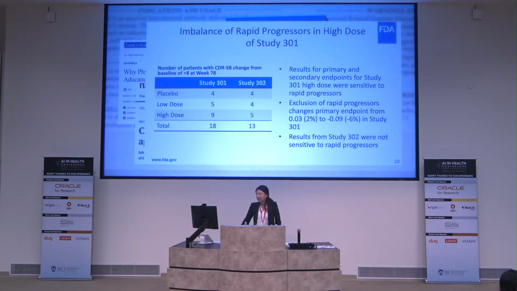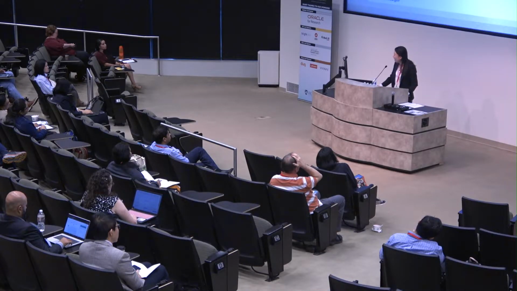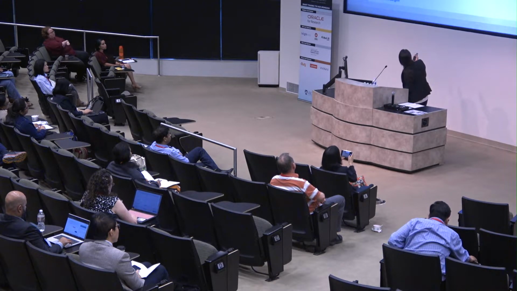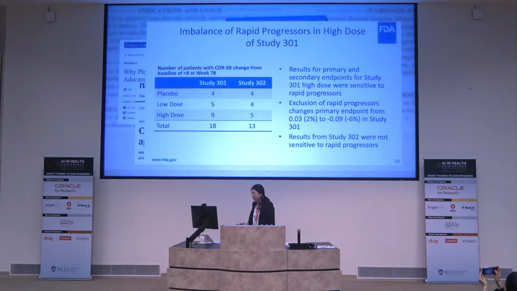But still, Biogen got approval for this medication. What happened behind the scenes is that Biogen looked into their data, and they found that a certain subgroup was highly concentrated in the treatment group, and that group was rapid progressors.